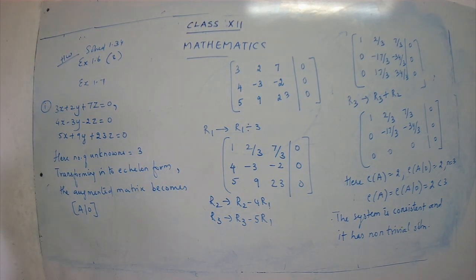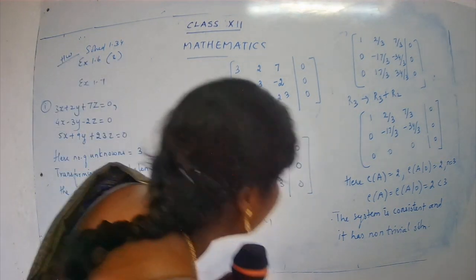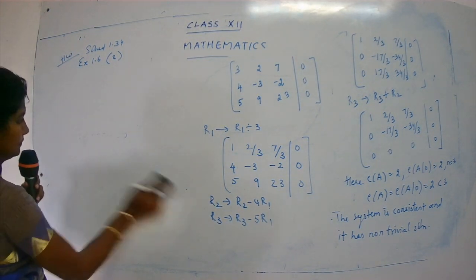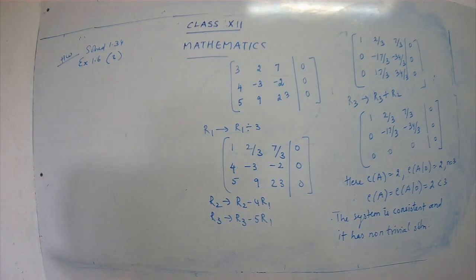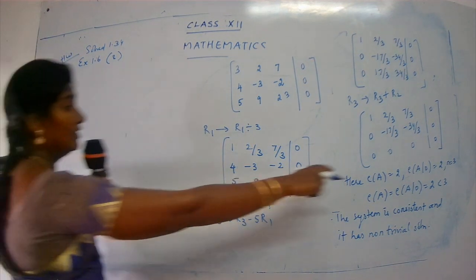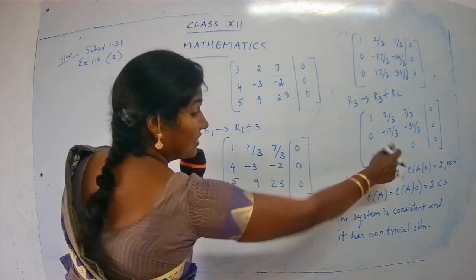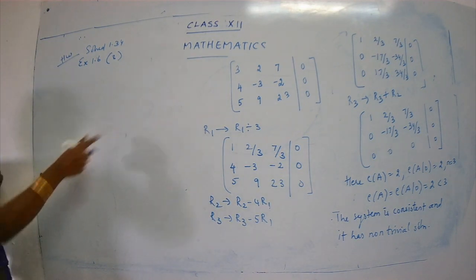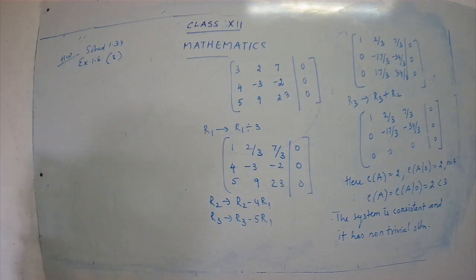We have to find out the value for X, Y and Z. So let's find out the value. I'll rub this part. So we are going to follow the back substitution. Here we don't have Z value. See, here we have the Z term as 0. So just think we have done this type of sum. So first of all, write the system as equivalent system.